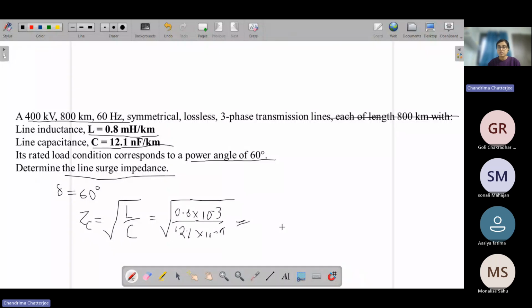So what is the answer? The answer is 257.129 ohm. That is the surge impedance in this case.